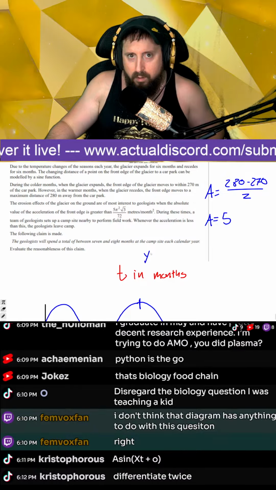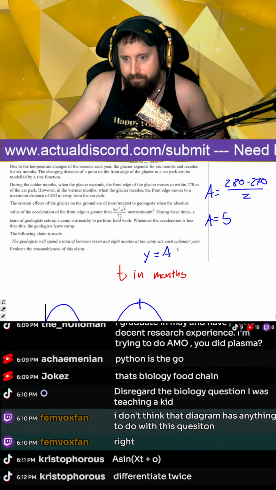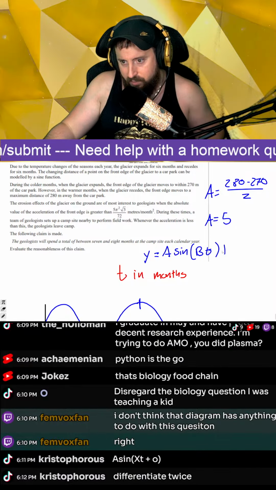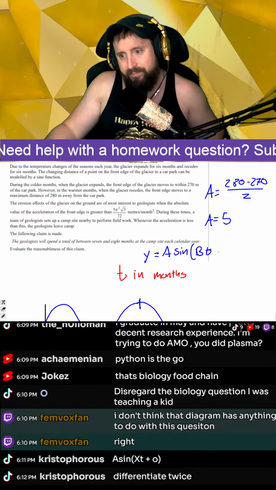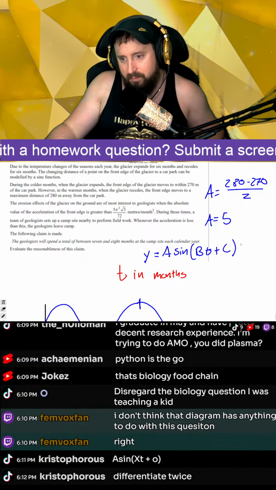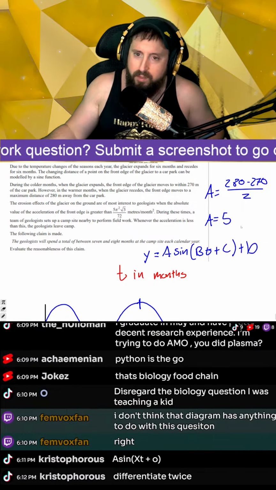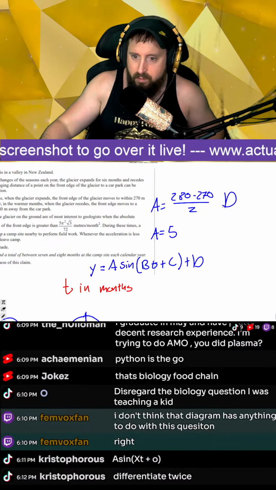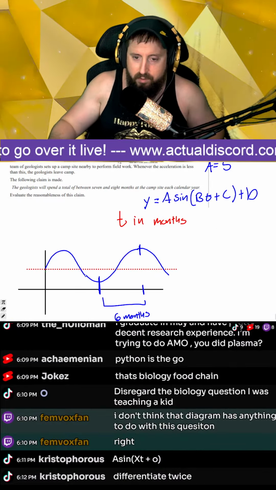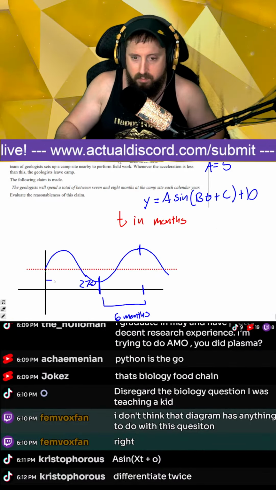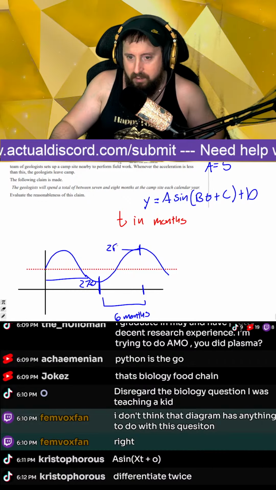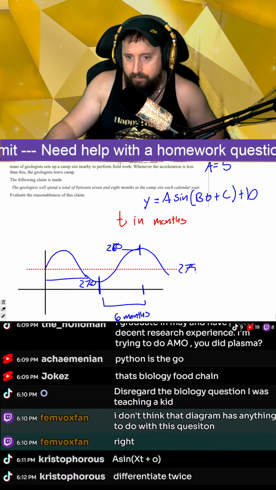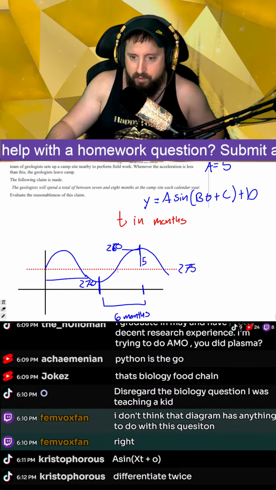So y is equal to A sine(BT plus C) plus D. The offset is always the midpoint, because here's what happens. It oscillates from 270 up to 280. So the midpoint of it has to be 275. This is a jump of 5. This is a jump of 5.